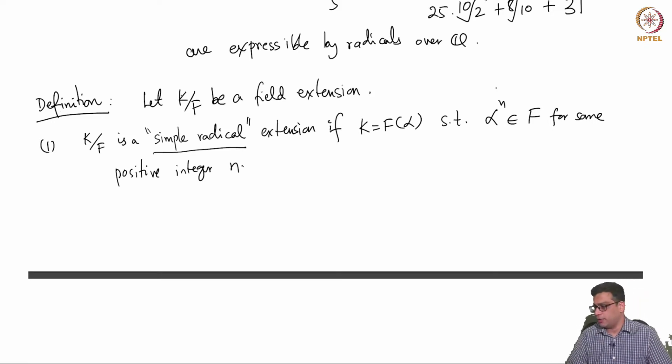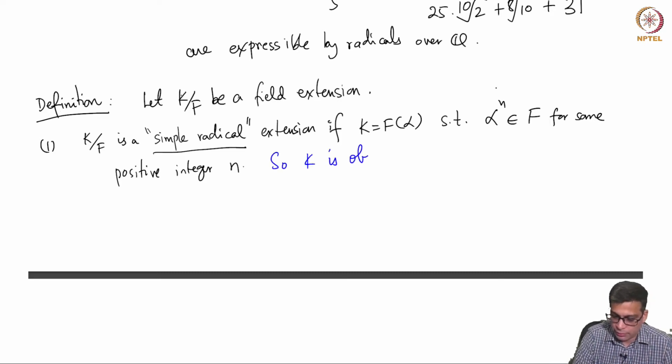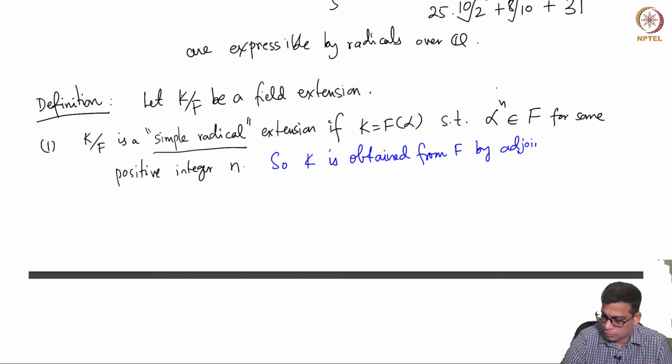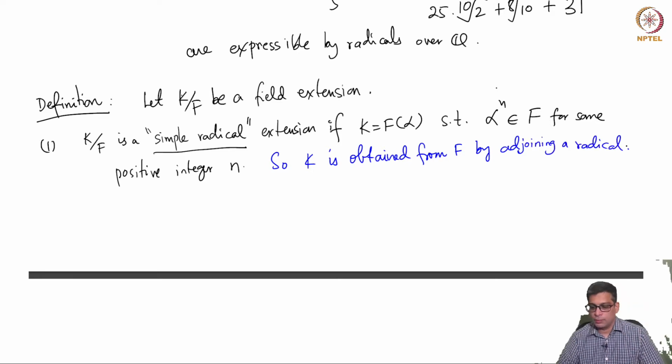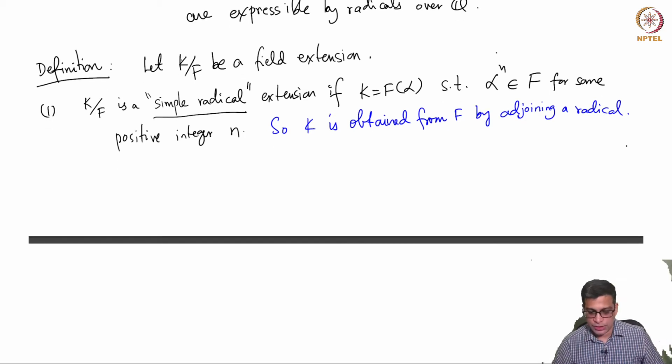Okay. So, essentially what we are saying is that K is obtained from F by adjoining, that is the correct term, a radical, by adjoining a radical. Okay. So, this is a simple radical extension.